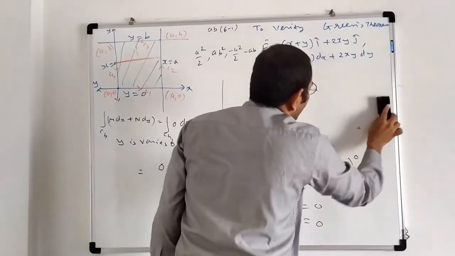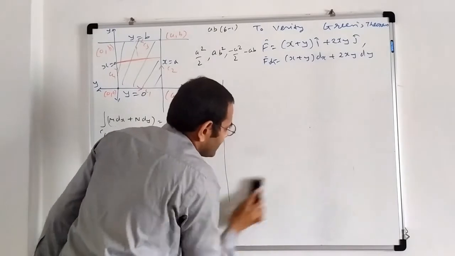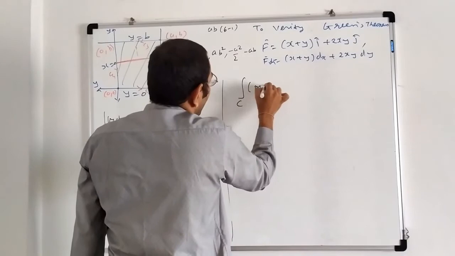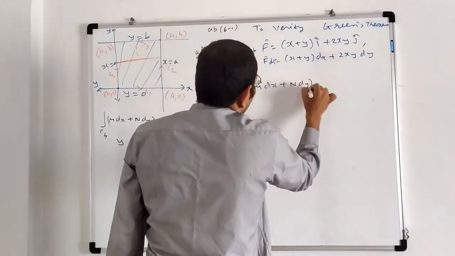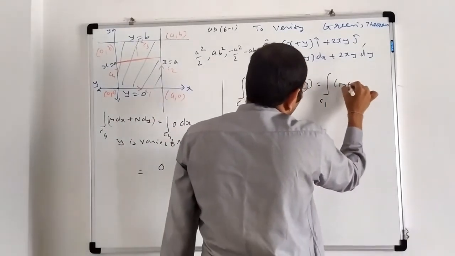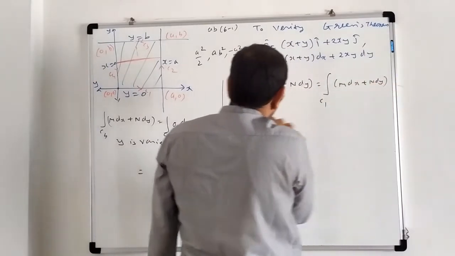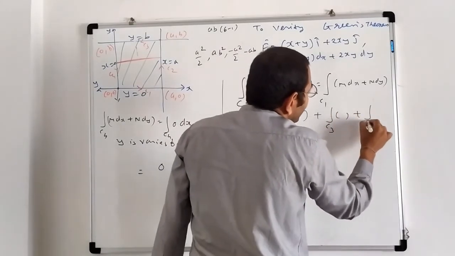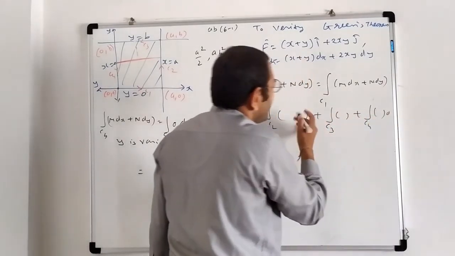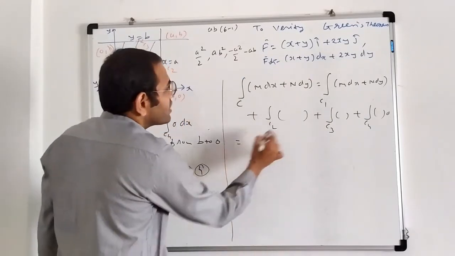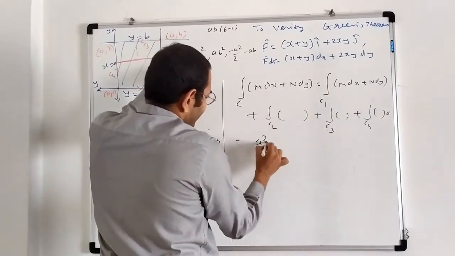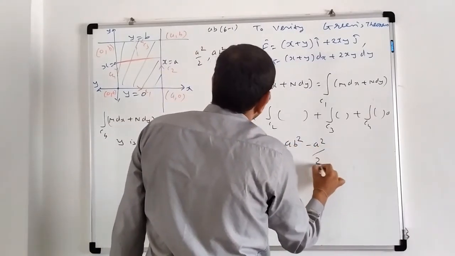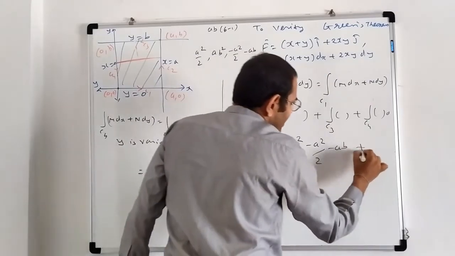Now, according to Green's theorem, for verification we have the integral over C of M dx plus N dy equal to the integral over C1 plus the integral over C2 plus the integral over C3 plus the integral over C4, each of M dx plus N dy. Substitute these values: the first is a square by 2, the second ab square, the third minus a square by 2 minus ab, and the fourth is 0.